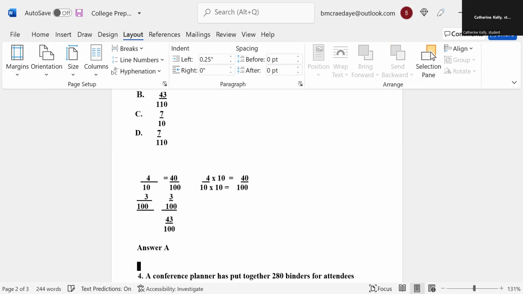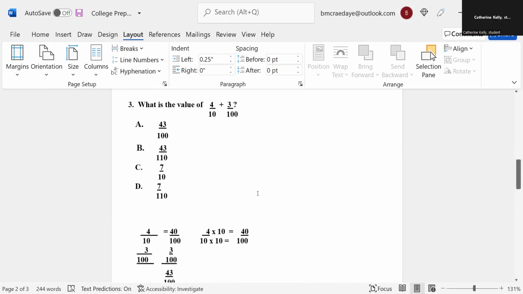What must happen for you to add fractions? Wait a minute. To add the fractions, your denominators must be the same. That's the rule. And to subtract fractions, your denominators must be the same.